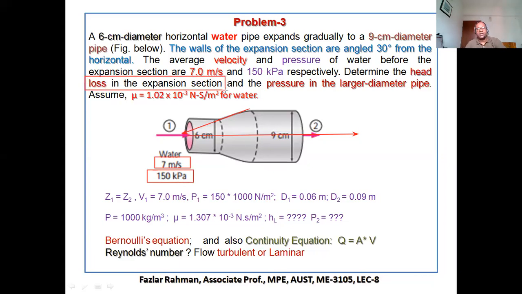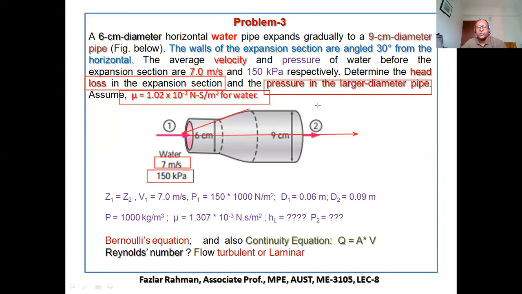That means you need to figure out the frictional head loss and the pressure in the larger diameter pipe. Right over here, you need to figure out what the pressure will be. Absolute viscosity is given, is this much. Now you need to solve it.